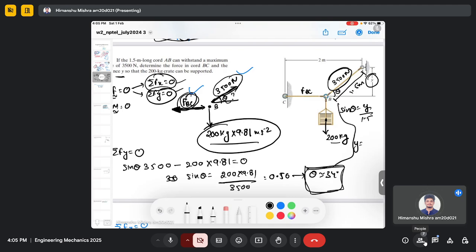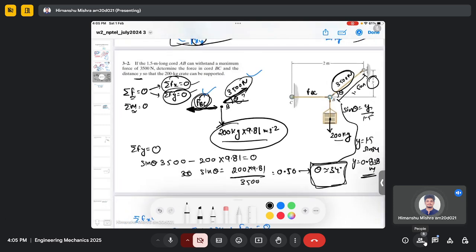So y will be 1.5 sine 34. So y will be 0.838 meter.